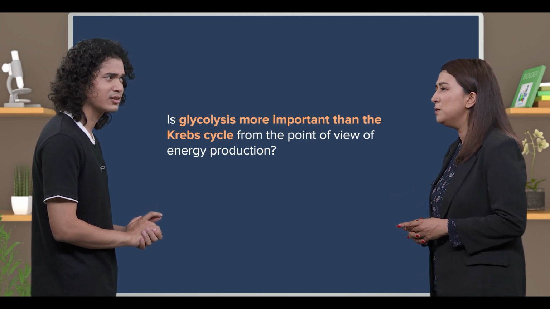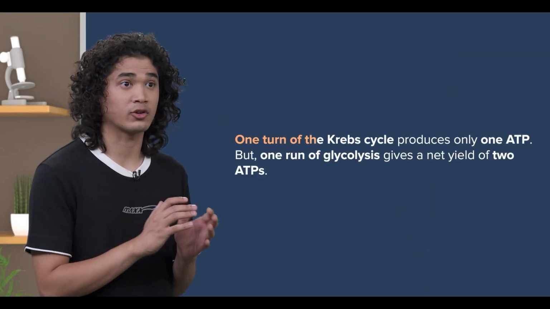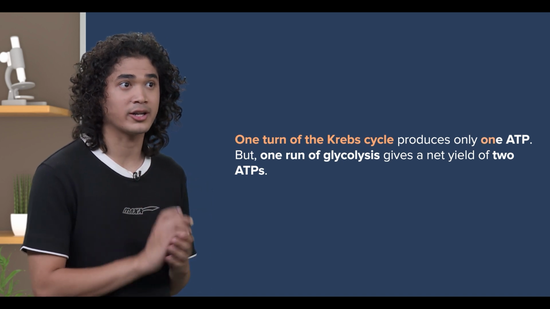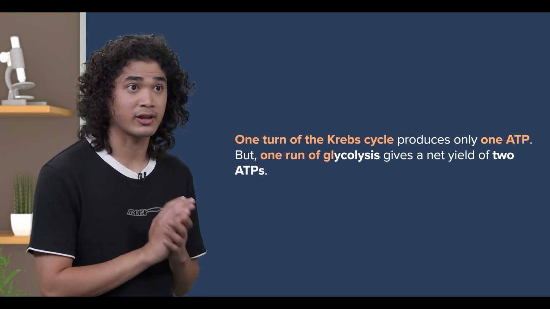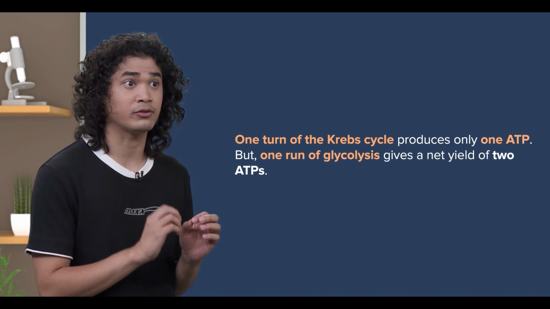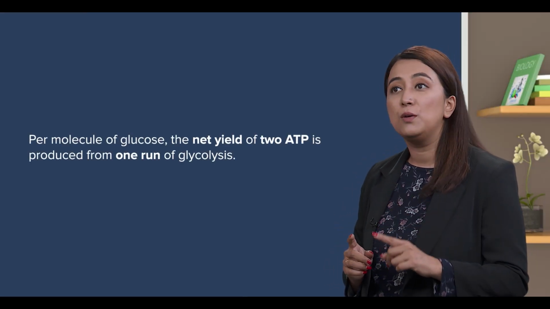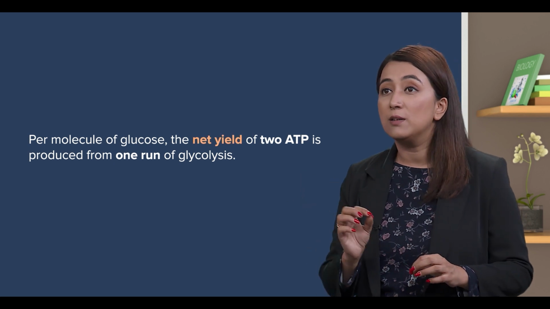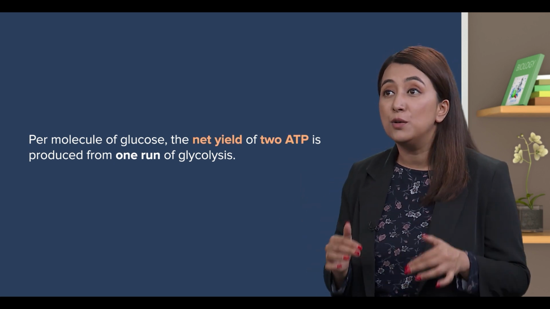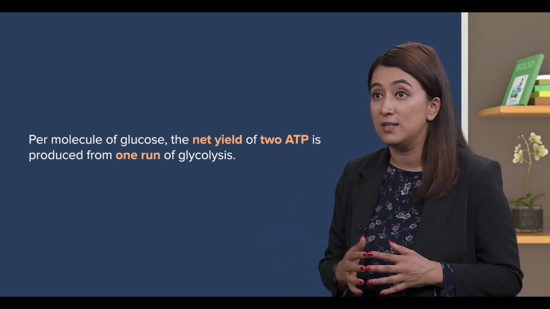What makes you think so? Well, one turn of the Krebs cycle produces only 1 ATP, but one run of glycolysis gives a net yield of 2 ATPs. That's a very smart observation. Keep in mind that per molecule of glucose, the net yield of 2 ATP is produced from one run of glycolysis.